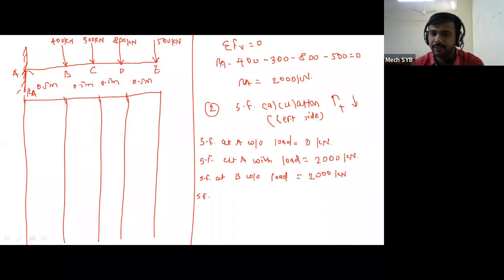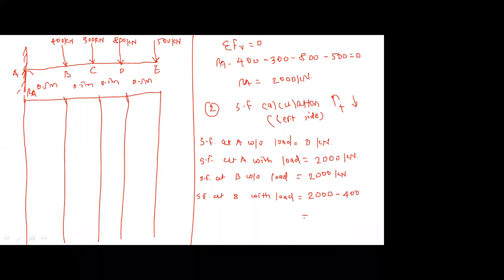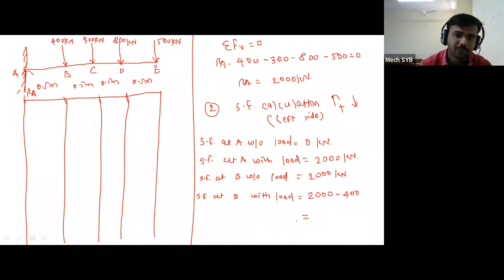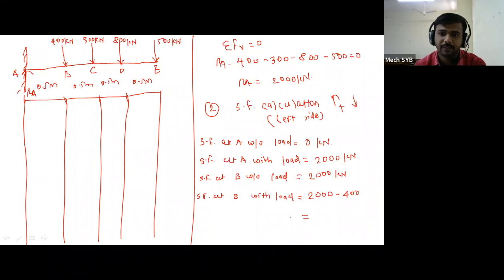Then next, SF at B with load is 2000 minus 400. With load means the forces on the left side and also the load at that point. This is the without load condition. And this 400 is moving downward, therefore negative, so it becomes 1600 kilonewton.